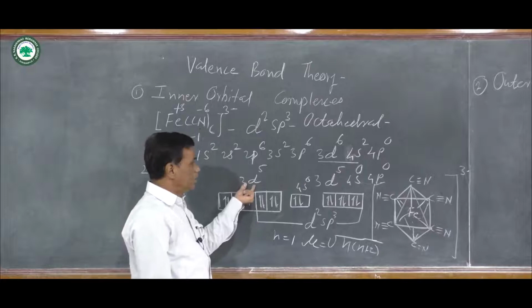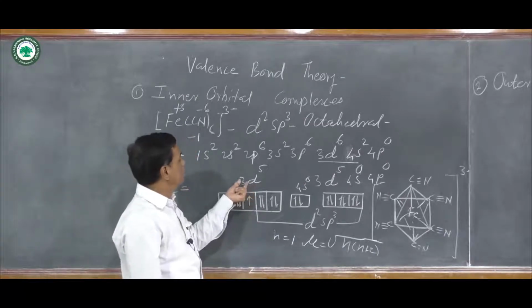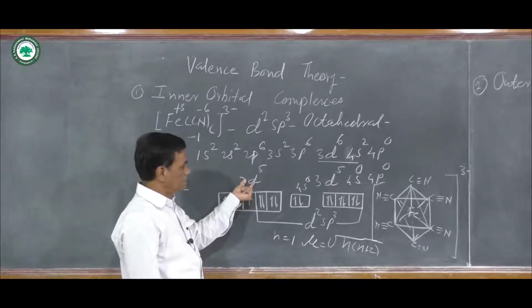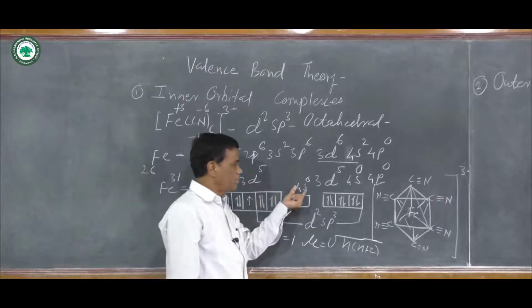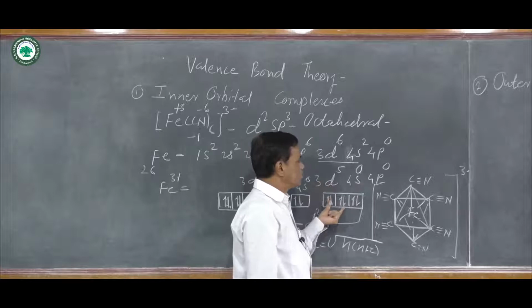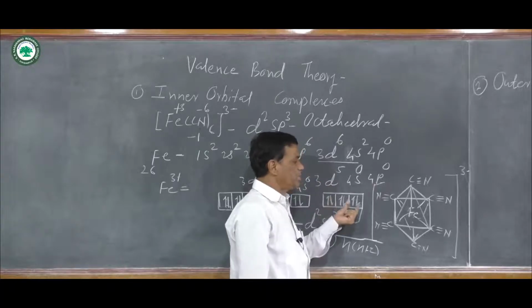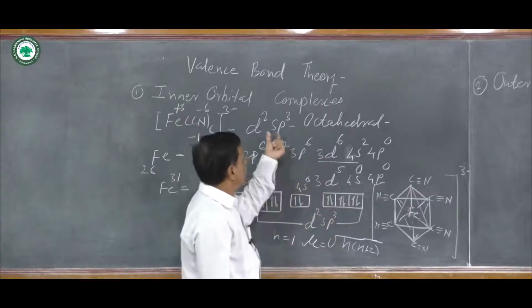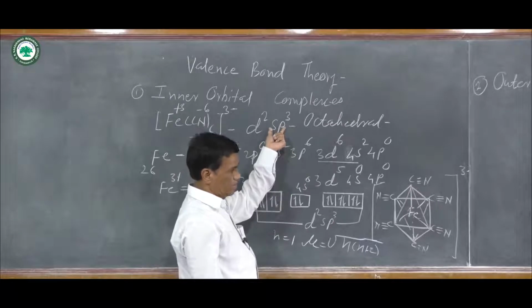In that d2sp3 hybridization, 2 3d orbitals, 1 4s orbital and 3 4p orbitals overlap, and there is a formation of 6 equivalent d2sp3 hybrid orbitals.